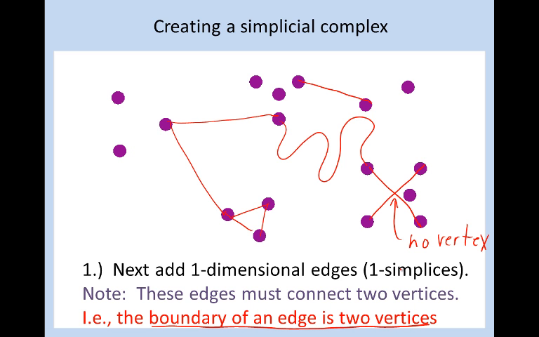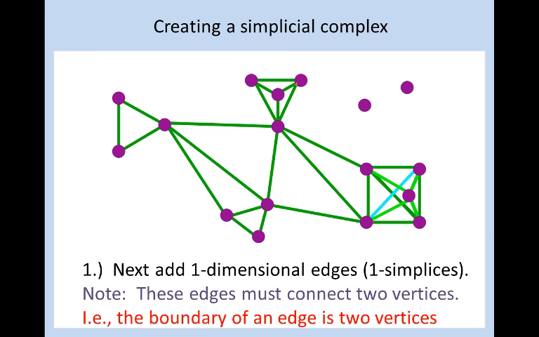Data is usually high dimensional, so the chance of being able to draw the simplicial complex corresponding to your data in the plane will be very, very unlikely. So crossing edges is perfectly fine. I can add lots more edges. So adding lots of edges here, adding more edges, adding lots and lots more edges.